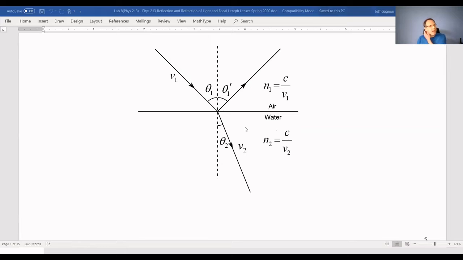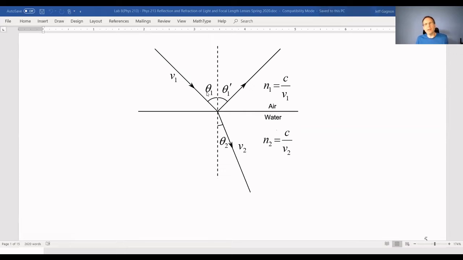Now, it turns out that if the light is going from an index of refraction that is smaller to one that's larger, so remember, the index of refraction for air is around 1, pretty close to 1, and water is going to be around 1.33, so it's going from an index of refraction that's smaller to one that's larger, well, what's going to happen is this light is going to bend towards the normal. So this theta 2, what we're calling the angle of refraction, is going to be less than theta 1, which was the angle of incidence.